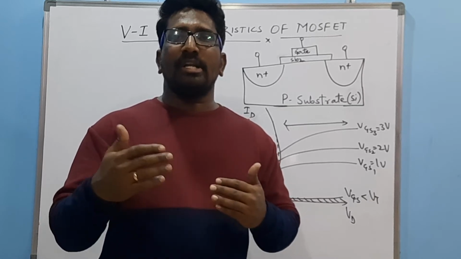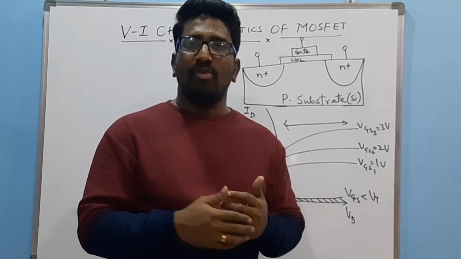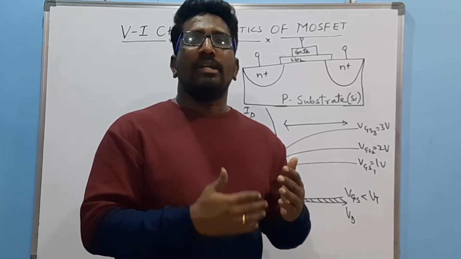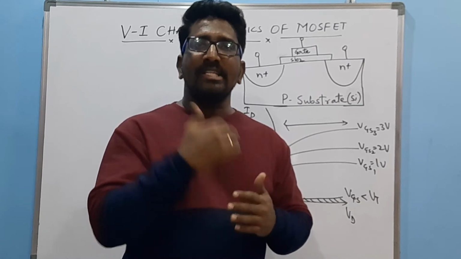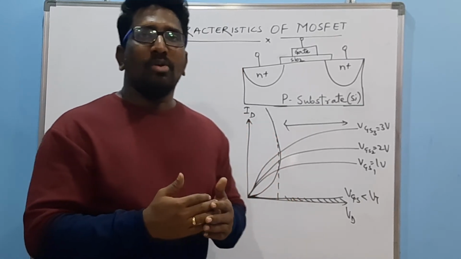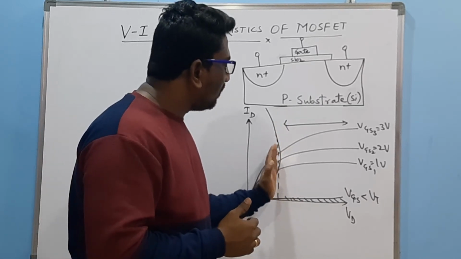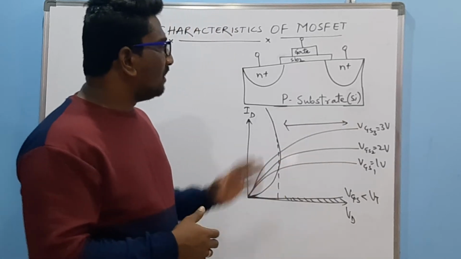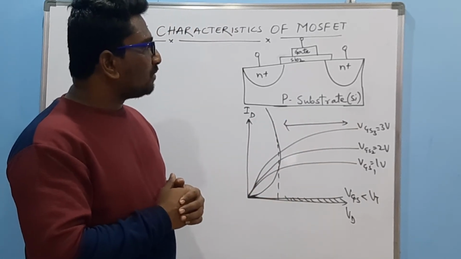Because of the constant current, as per the laws you have studied as Kirchhoff's laws, the resistance increases. Because of this increase in the resistance, the RON, this bending of the curve takes place. So this is regarding the three different regions of a MOSFET.